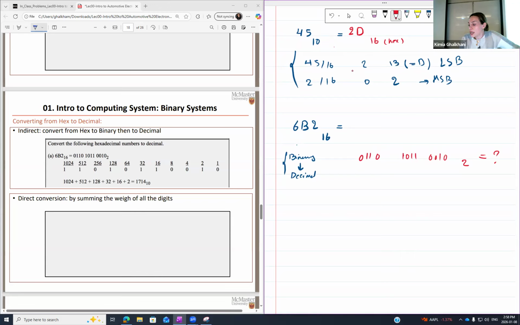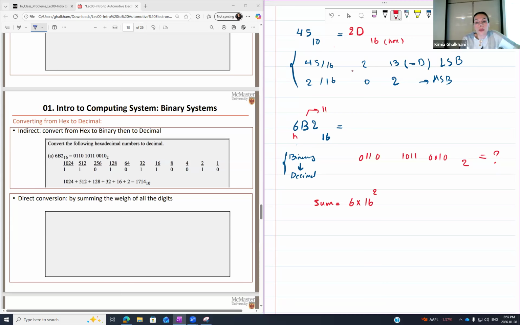So again I'm going to convert it by base 16. First I know B is equal to 11, right? So in order to calculate the sum, I say 6 times 16 to the power of 2.